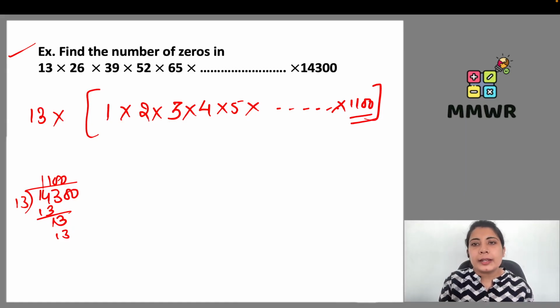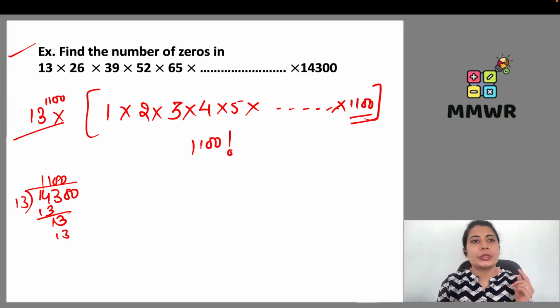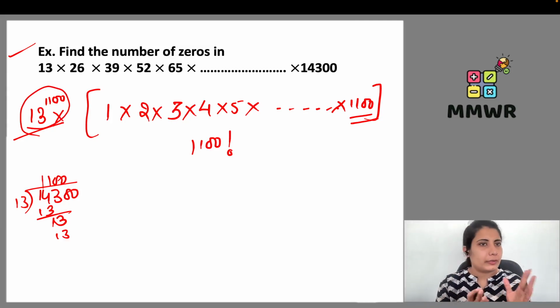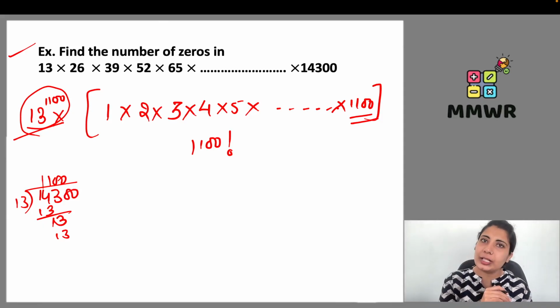So 1100 यहाँ आ रहा है, that means 13 की पावर में भी 1100 आएगा, राइट? अभी 13 की पावर कुछ भी हो, हमको सिर्फ 1100 की फैक्टोरियल वैल्यू से मतलब है, क्योंकि ये 13 की पावर 1100 इज नॉट गोइंग टू गिव अस 2 और 5. We will not get any 2s or 5s from here, but yes, here we will be definitely getting.